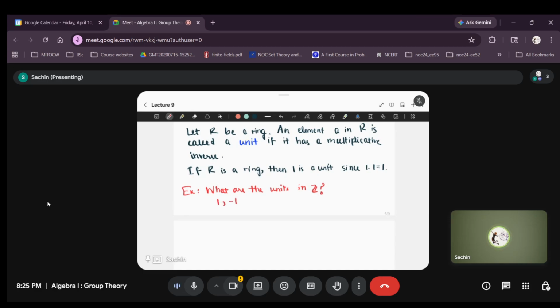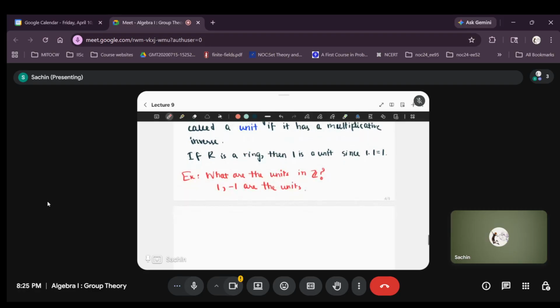Yes, 1 and minus 1 are the units. And what are the units in Q?